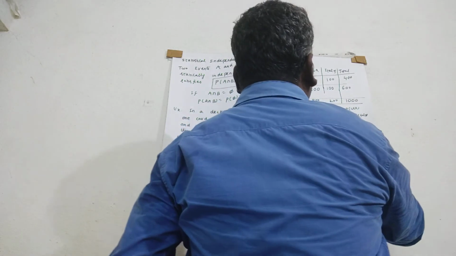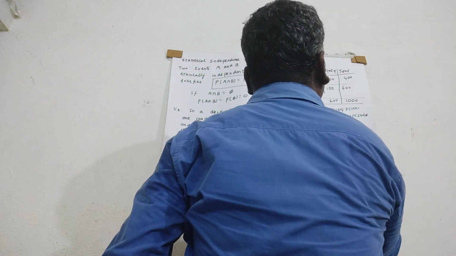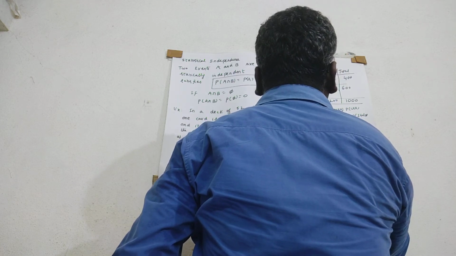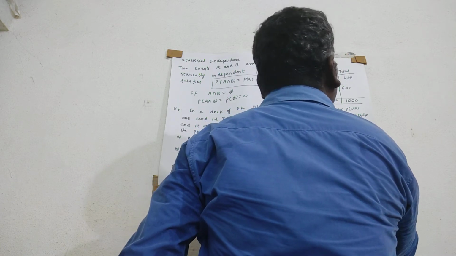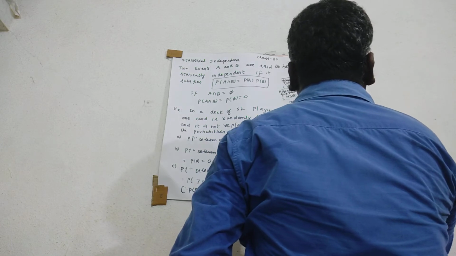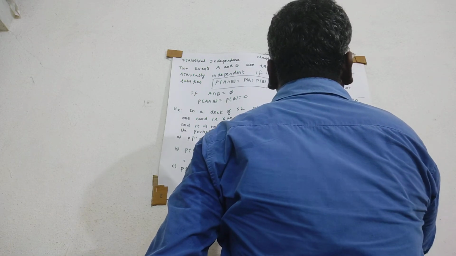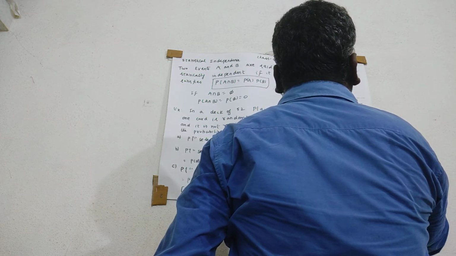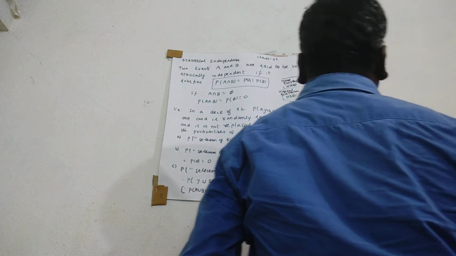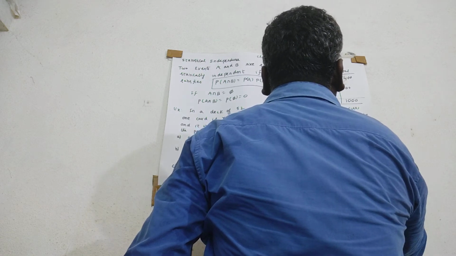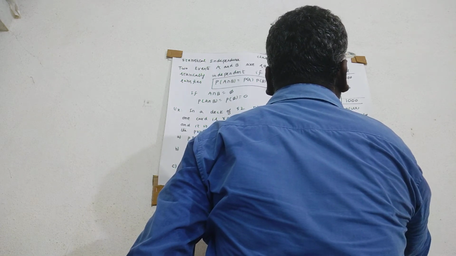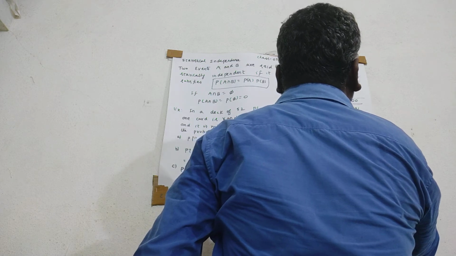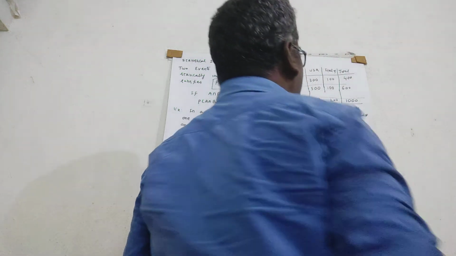These two like terms get cancelled, and the first term simplifies to 3 by 10, plus 200 gets cancelled, 100 by 1000, hence 1 by 10, hence it is 4 by 10, hence 0.4. You can also call it 40%.